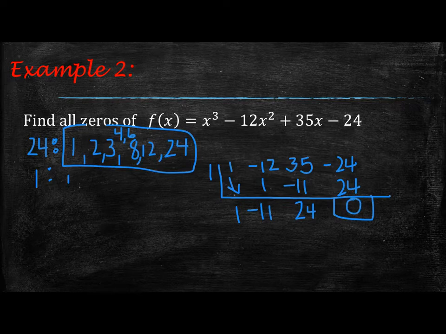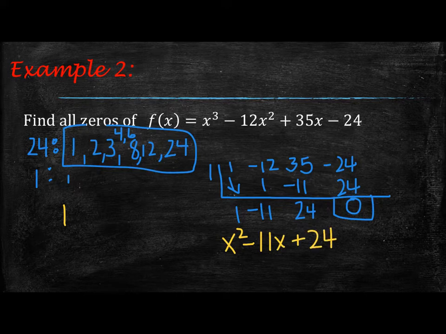So our first, well, since they want zeros, I guess I don't need to write down the factors. So our first factor is 1. Then you could see if you can go ahead and factor what's left. What would be left here is x squared minus 11x plus 24.